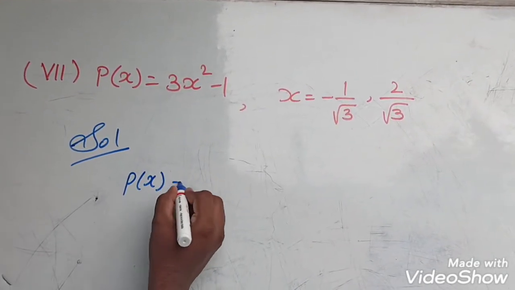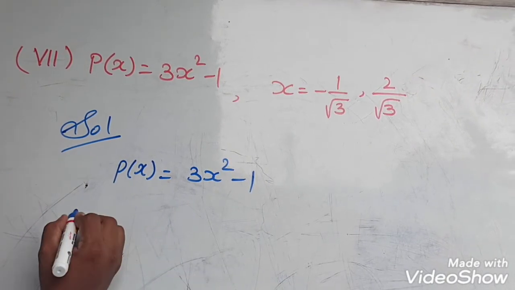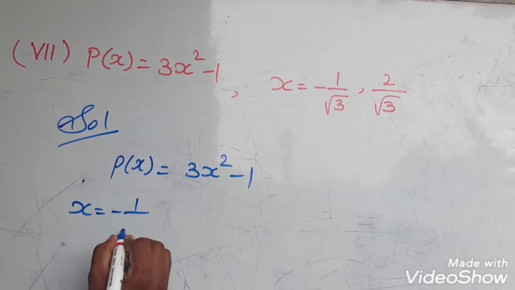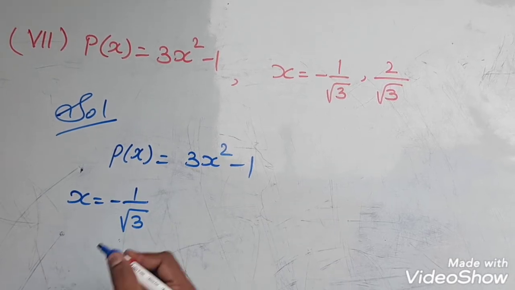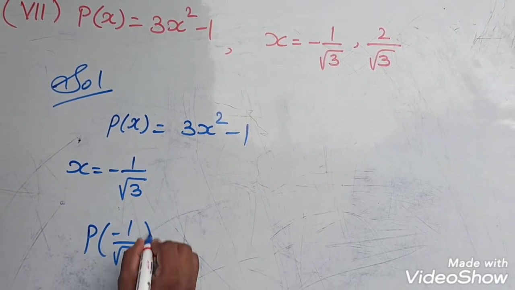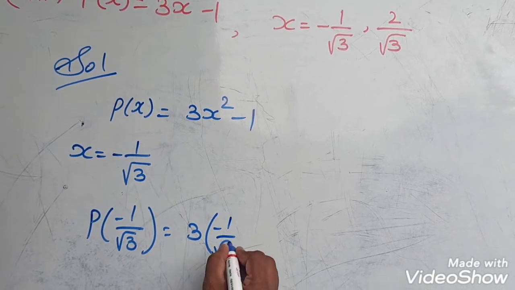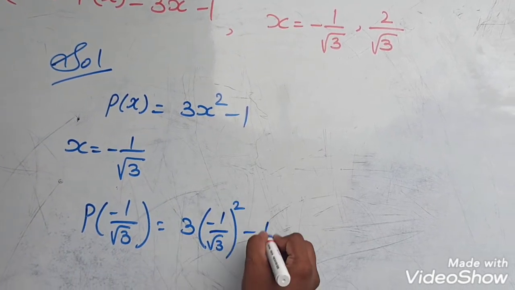So p of x equal to 3x square minus 1 is the expression. So first I substitute x equal to minus 1 divided by root 3. Instead of x I substitute. So p of minus 1 divided by root 3 is equal to 3 into minus 1 divided by root 3 the whole square minus 1.